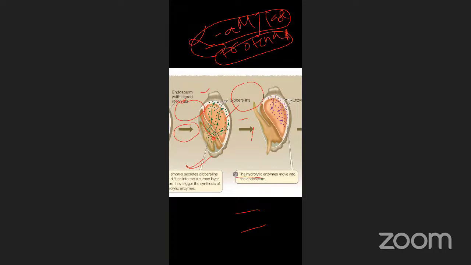So after release of the amylase enzyme or proteinase enzyme, this amylase, you must have heard this word, amylase enzyme acts on starch. The starch material already stored inside the endosperm converts into simple sugar.